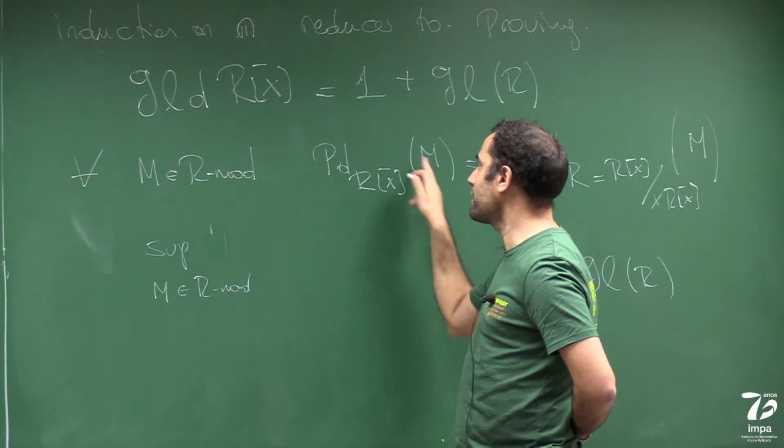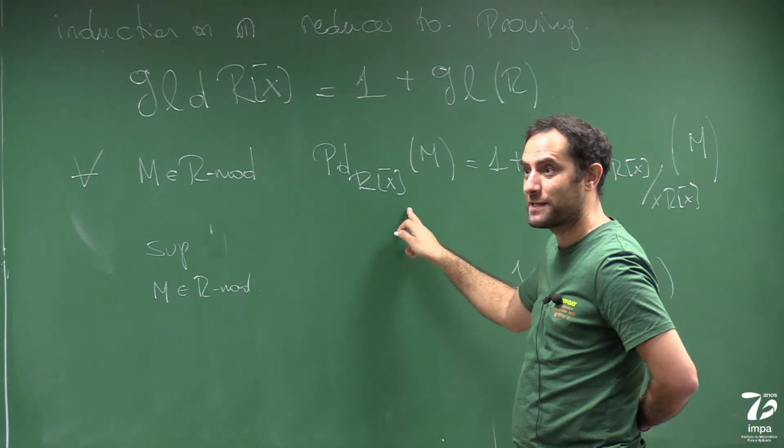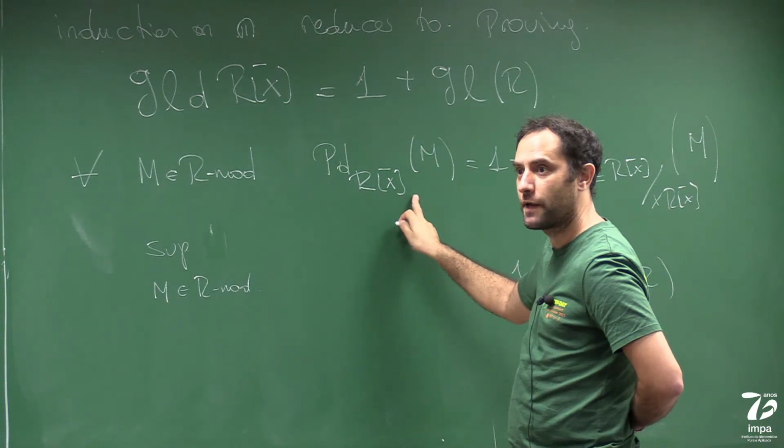So whatever I get here is going to be something that is less or equal than the global dimension of this guy.